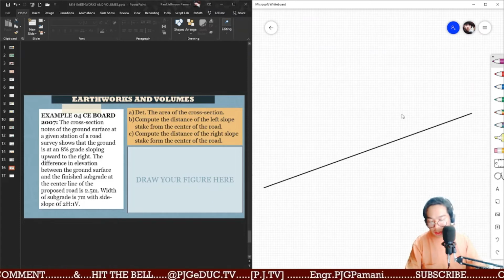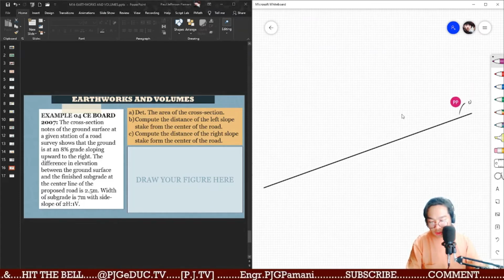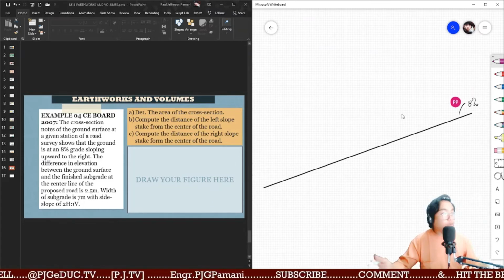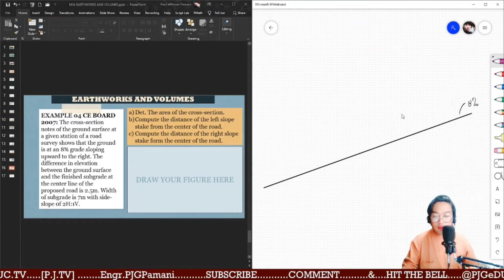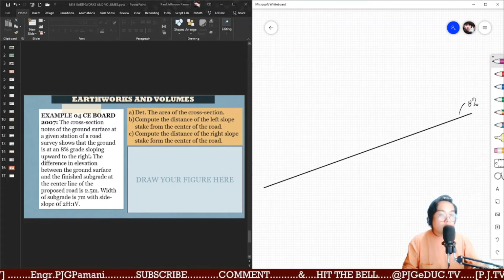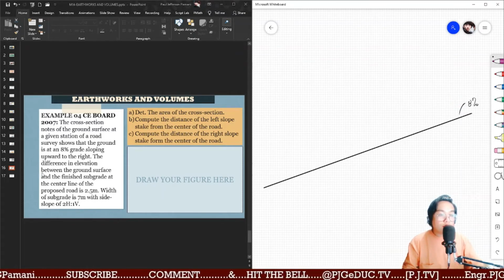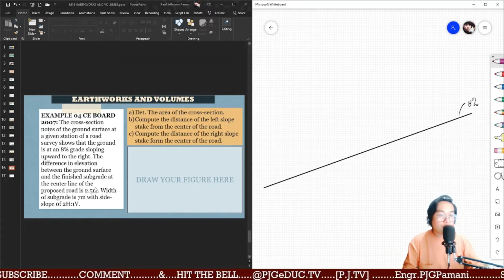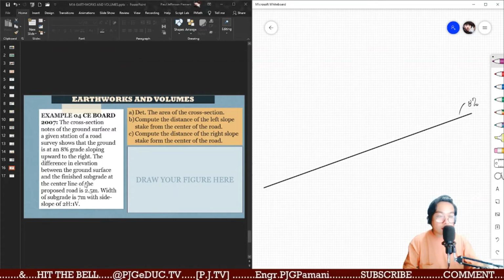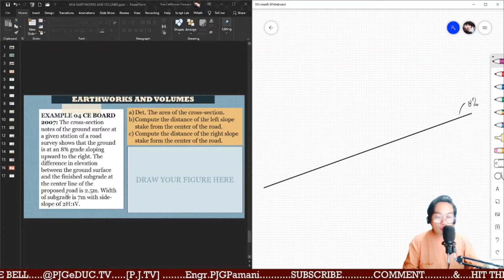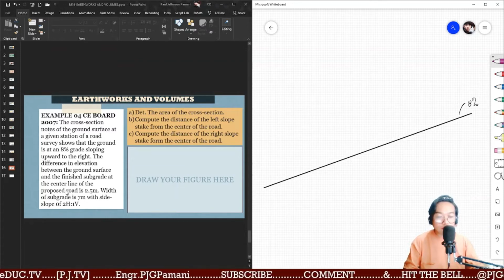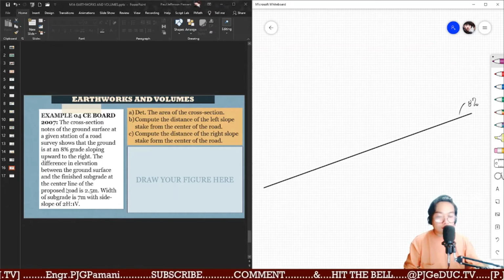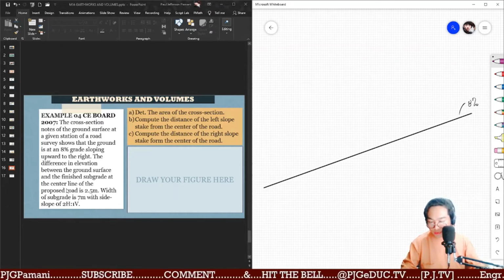So let's just say ito yung ating 8%. Okay? Then the difference in elevation between the ground surface and the finished subgrade at the center line of the proposed road is 2.5 meters.